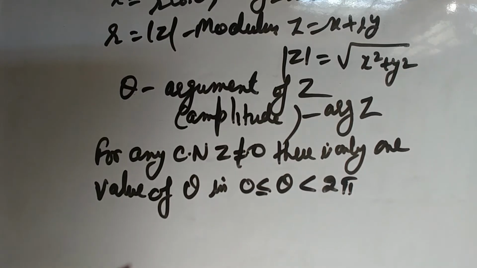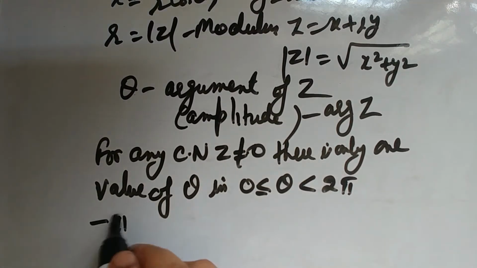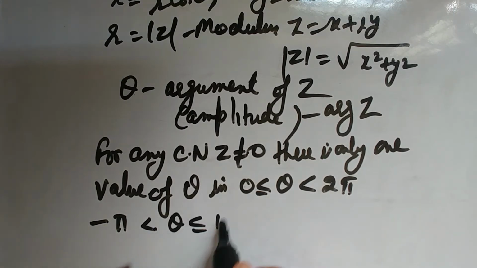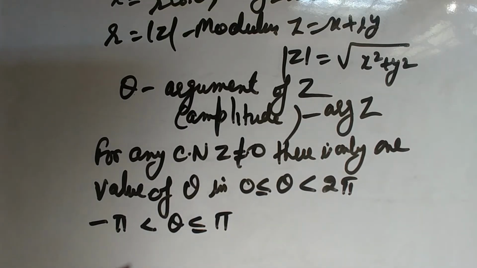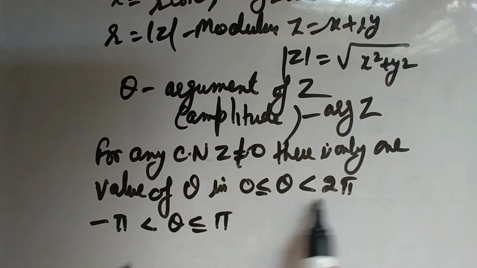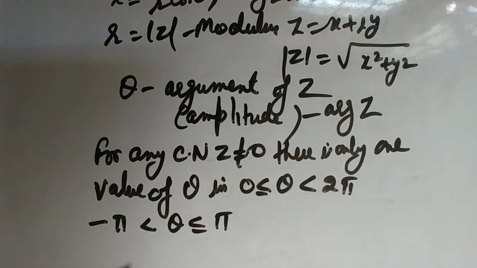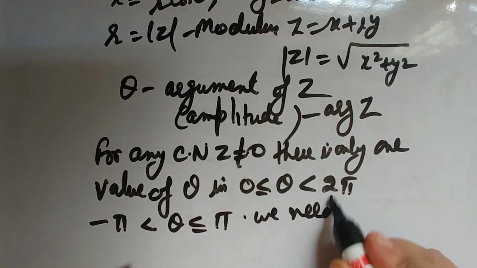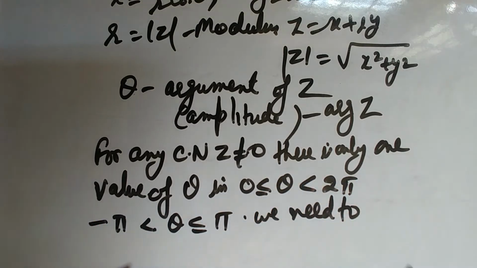Now for example, this value which is lying between minus pi to pi is one of the intervals. You will find so many values, as it will be repeating.